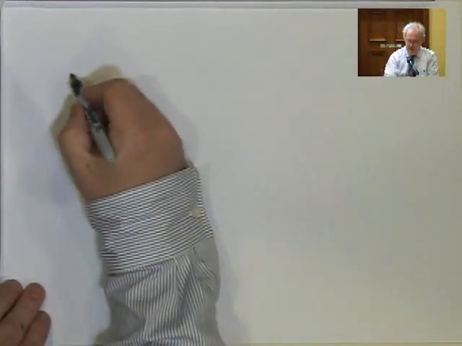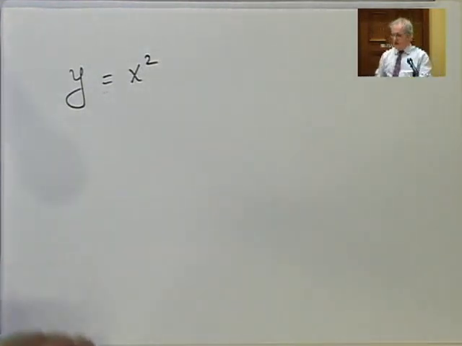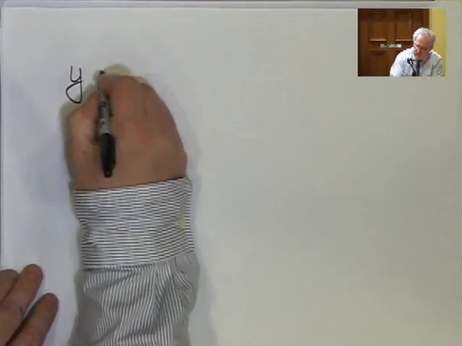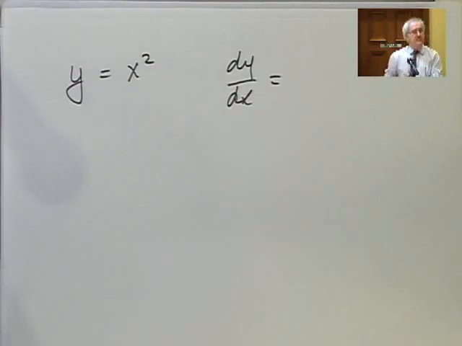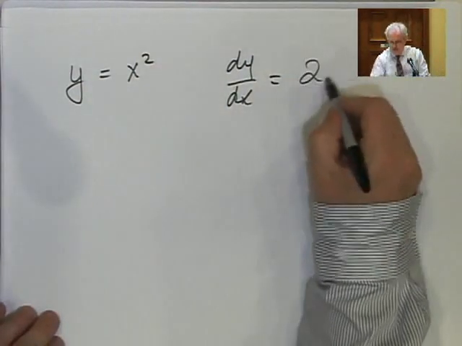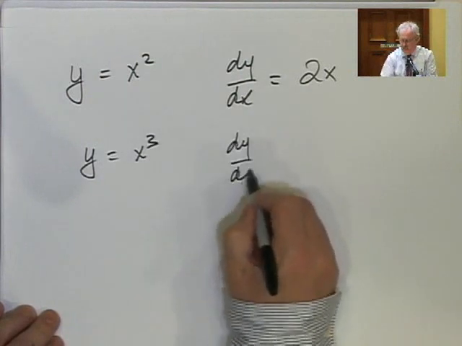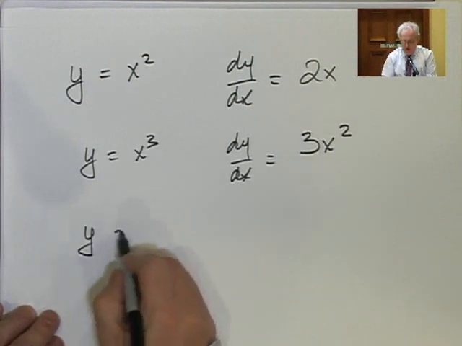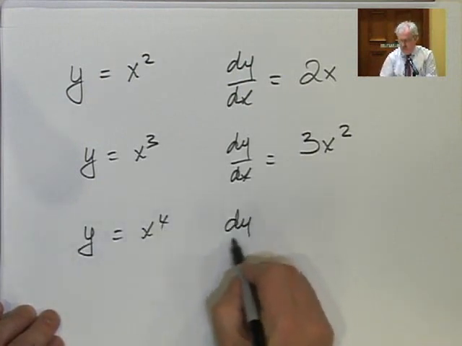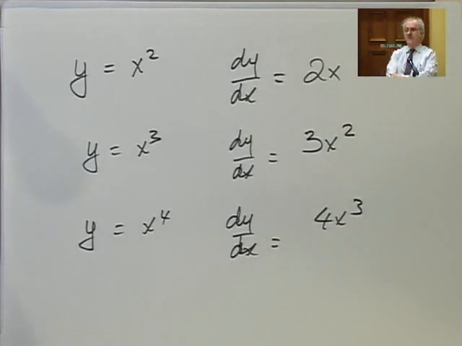I'm running two things in my head. Y is equal to x squared, and you know that fellas can't multitask, or so they say, so sorry about that. Okay, y is equal to x squared. What's dy dx? 2x. When y is equal to x cubed, what's dy dx? 3x squared, isn't it? And when y is equal to x to the 4, what's dy dx? 4x cubed. Is that okay?